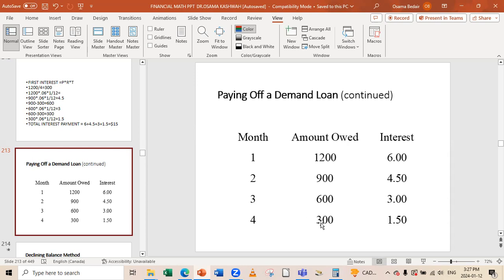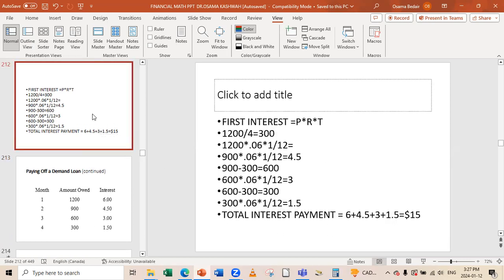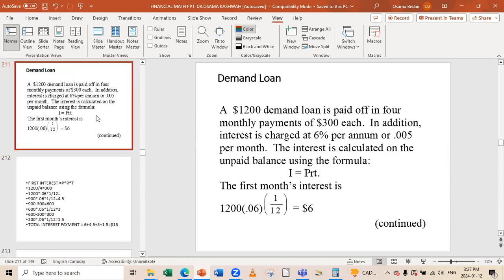And 600 minus 300 will give me 300, so here I calculate the interest for the 300. That is how to calculate the interest for each amount for a demand loan, as we said in the example shown at the start of this part.